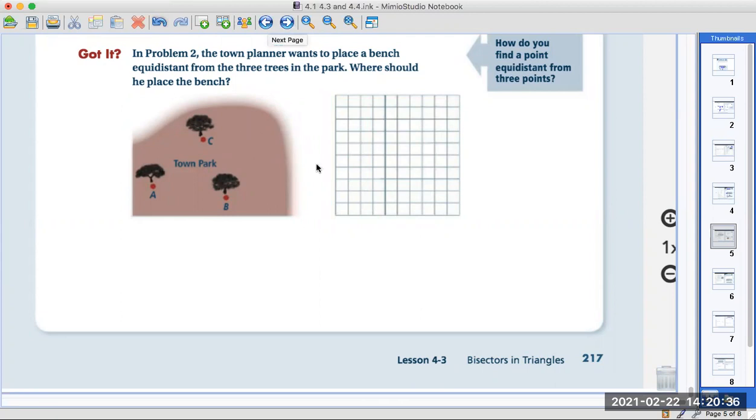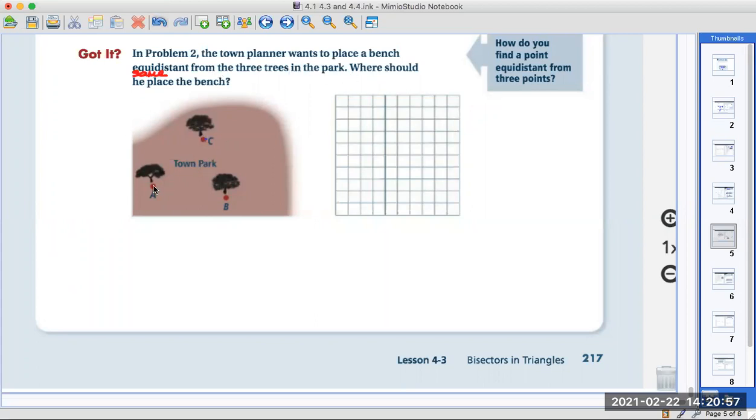So look at page 217. On the bottom, you've got a park. The town planner wants to place a bench equidistant, which means same distance, from the 3 trees in the park.